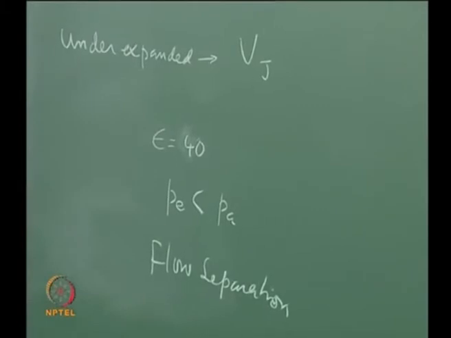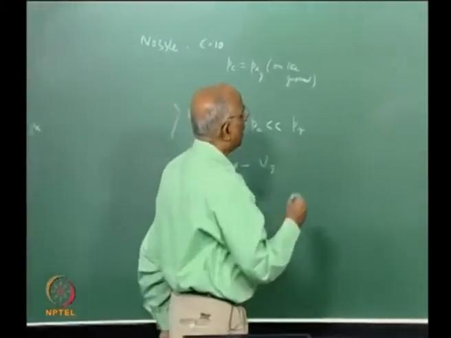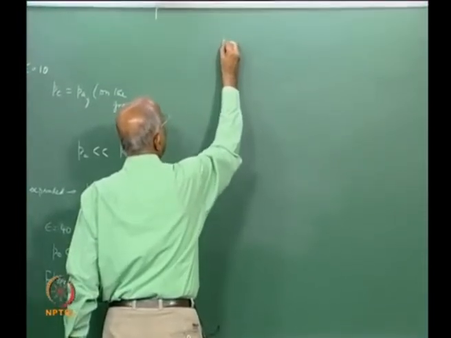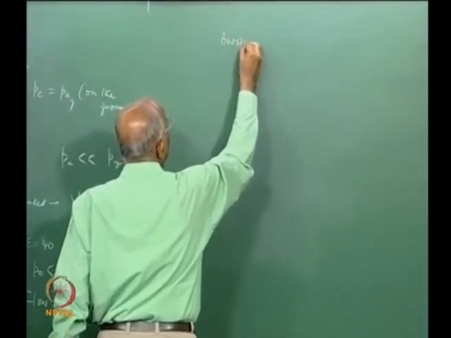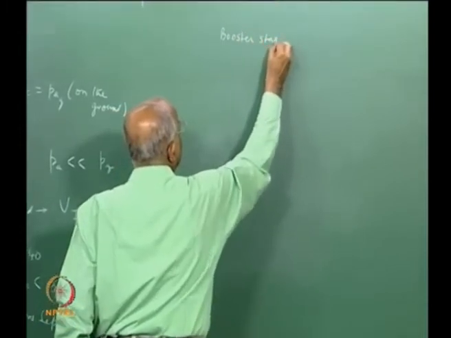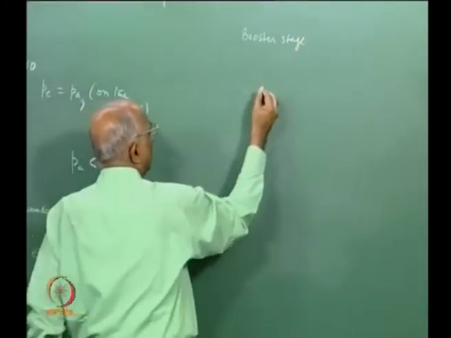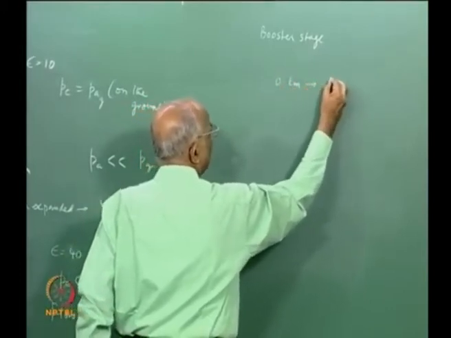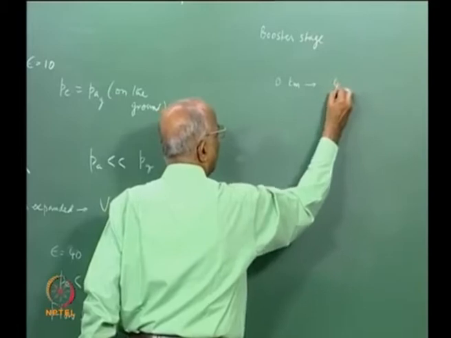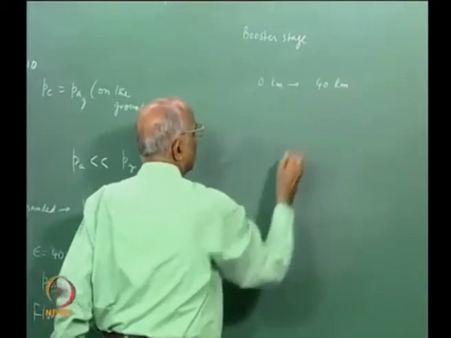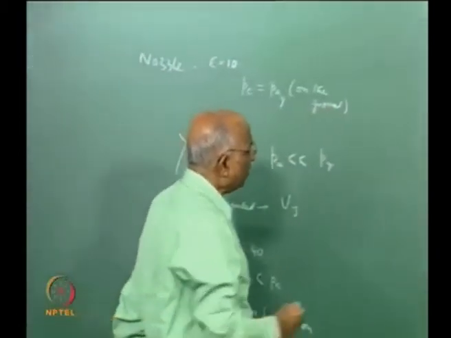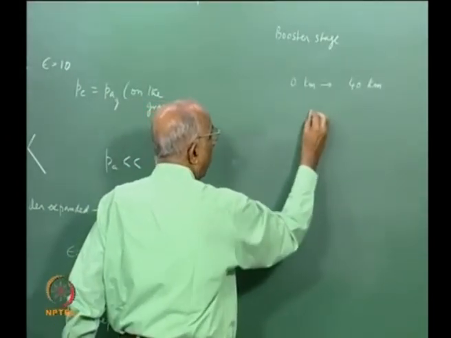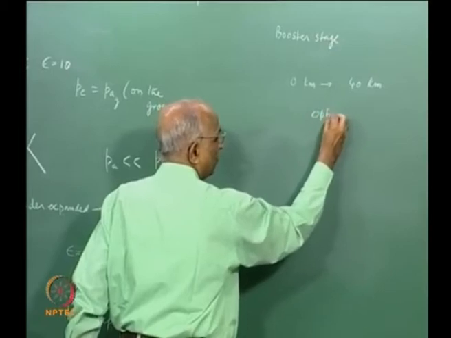Therefore there are some problems in nozzles, and let us tell ourselves, supposing I have a booster stage of a rocket, and we define booster stage as a ground stage which has to fly, let us say, between 0 kilometers and up to 40 kilometers or so, then I cannot have a nozzle which will be perfect or optimum for all these conditions.